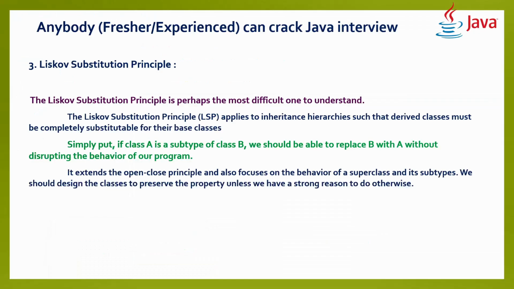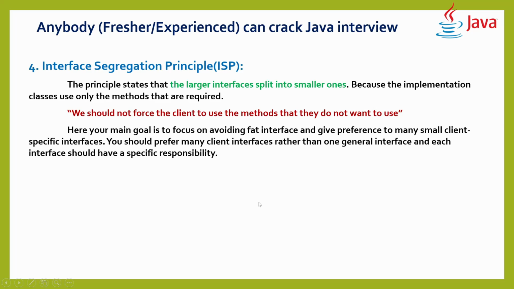And the next principle is the interface segregation principle. This principle states that larger interfaces should be split into smaller ones, because the implementation classes should use only the methods that are required. We should not force the client or implementation classes to use methods that they do not want to use.